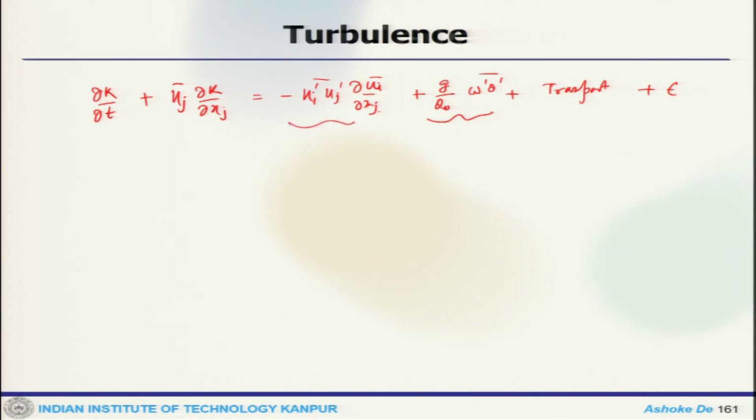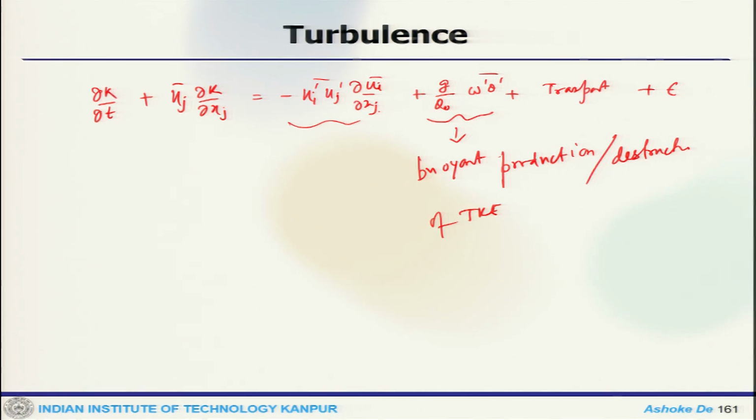So, again the term 1 is a production by the Reynolds shear stress. This is called the buoyant production or destruction of turbulent kinetic energy by gravitational forces.